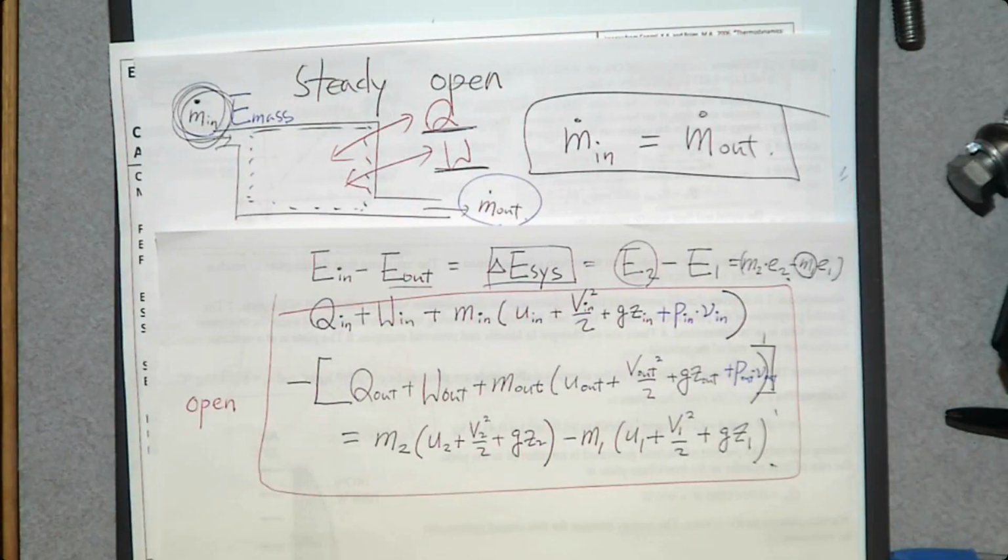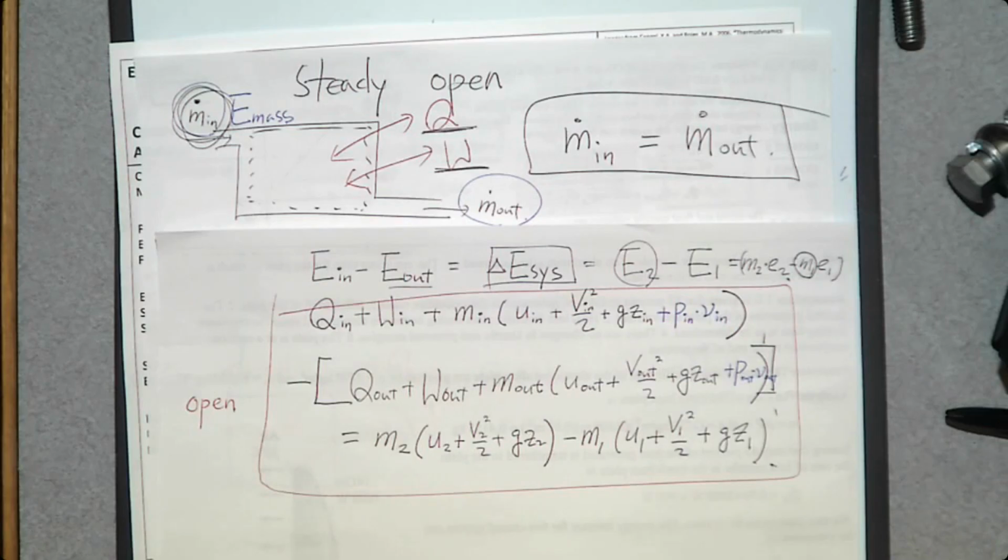Then how can we convert this energy balance equation for a steady state process? When it becomes steady state, what happens to the energy change of the system? The total energy at the final state and the total energy at the initial state should be the same because it's a steady state system.